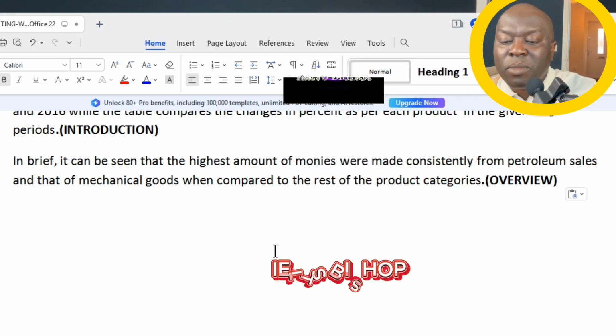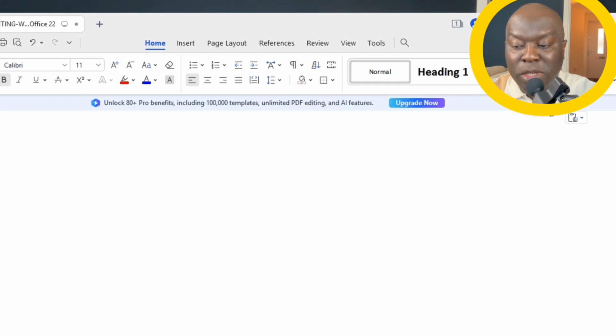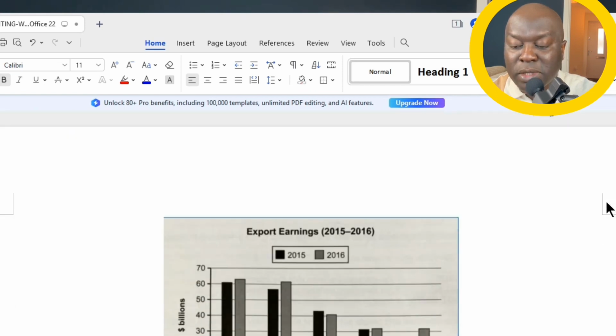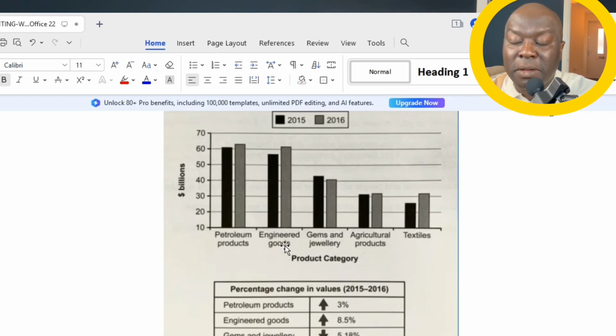Now, I said it can be seen that the highest amount of monies were made consistently from the petroleum sales and that of mechanical goods. What do I mean by mechanical goods? I know it sounds like it's not part of it. It's just a synonym I used. Engineered goods is the same as mechanical goods.